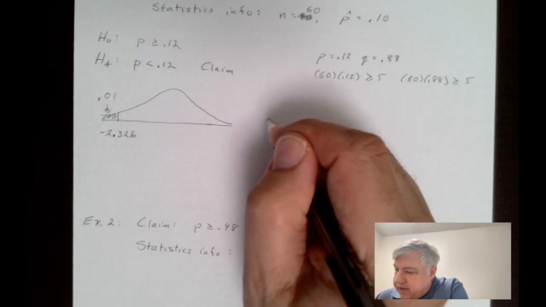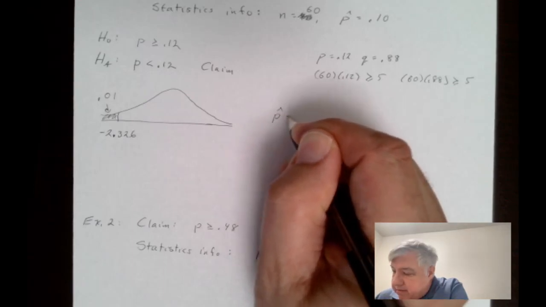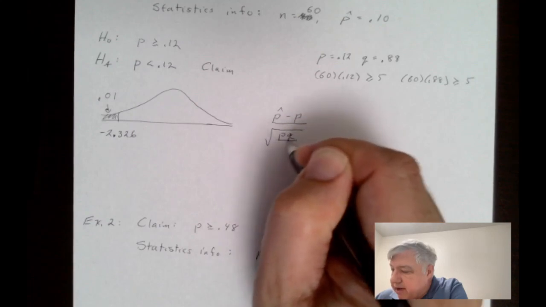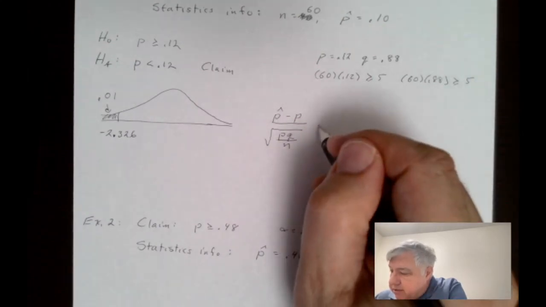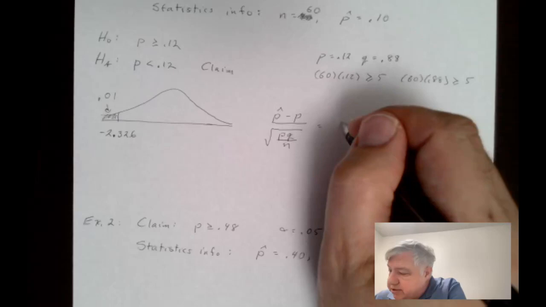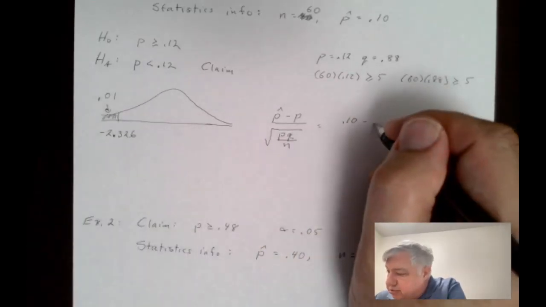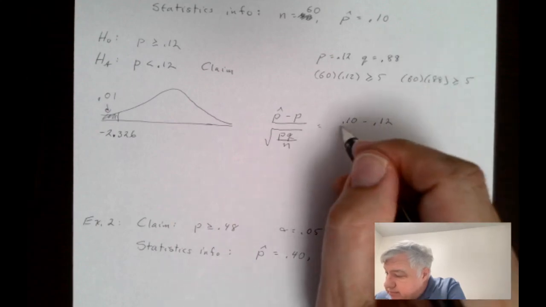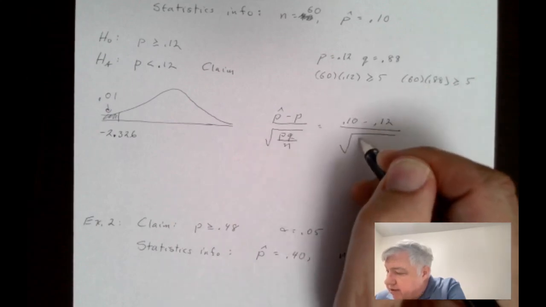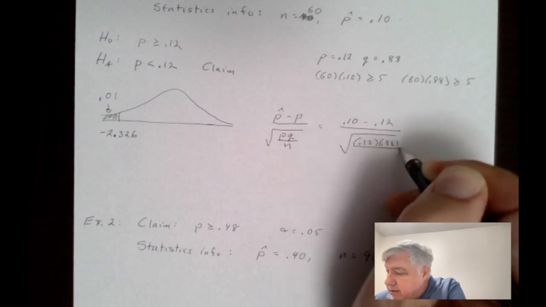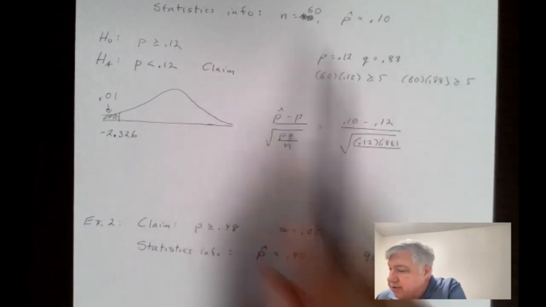Then we go ahead and use our test statistic. Our formula for the test statistic is p hat minus p over the square root of pq divided by n. So p hat is 0.10, we're assuming p to be 0.12, divided by the square root of 0.12 times 0.88, all over n, which is 60.